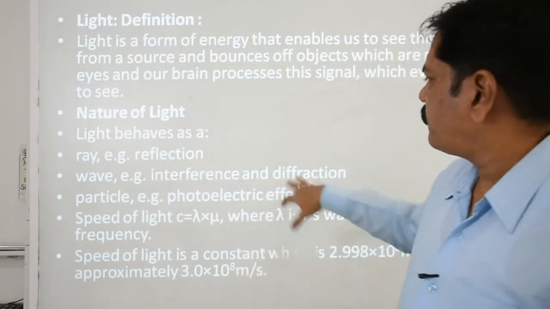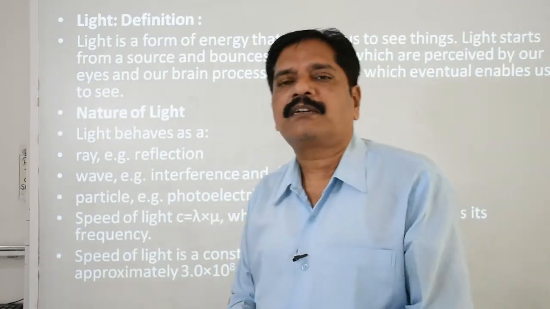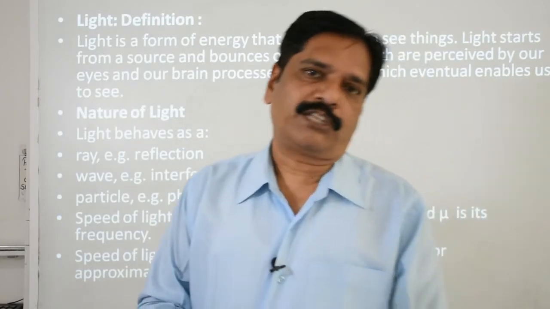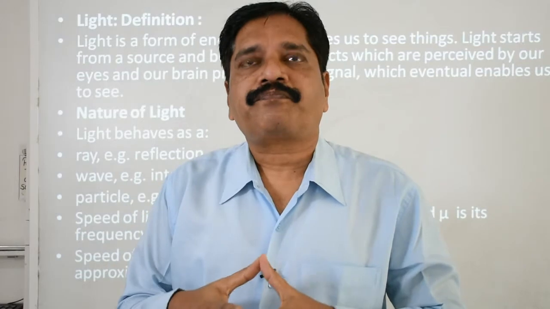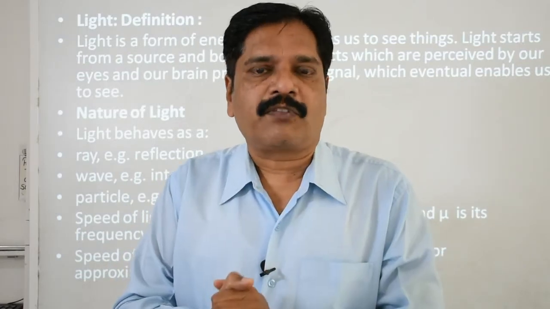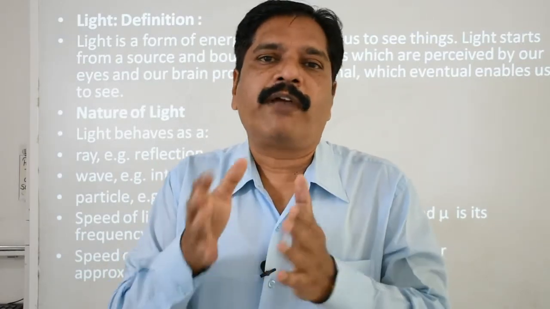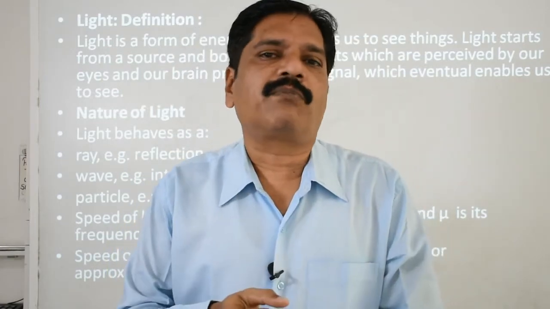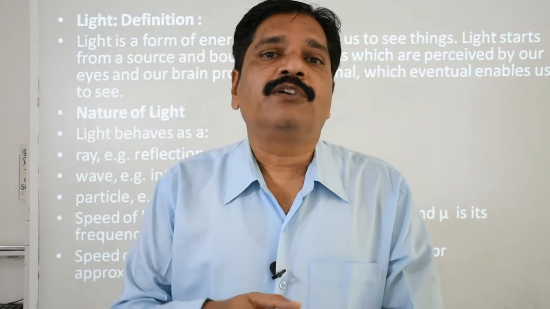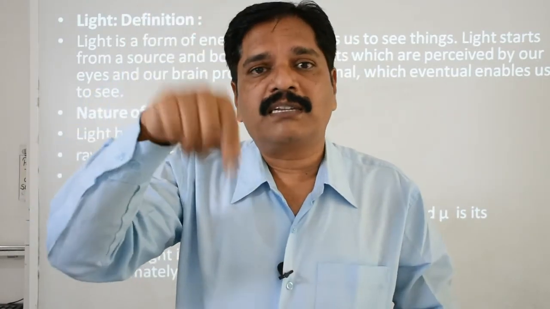Interference and diffraction of light are great evidence in support of this. What is the meaning of interference? You know that if two light rays with the same wavelength exactly superimpose on each other, as you learned about waves in 9th class, here you can see the trough and the crest.